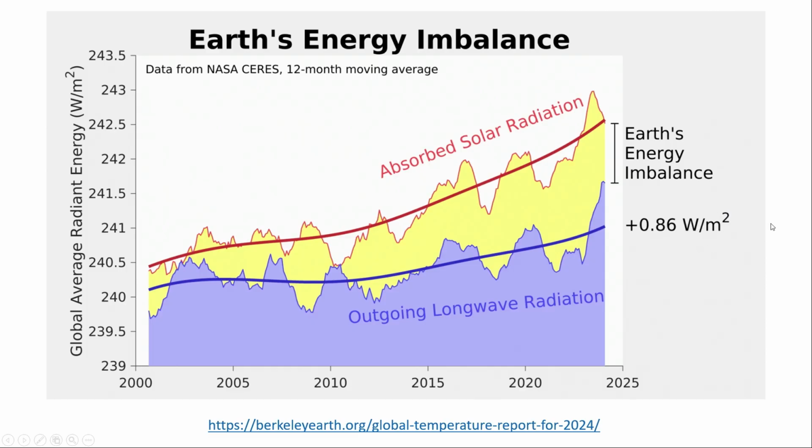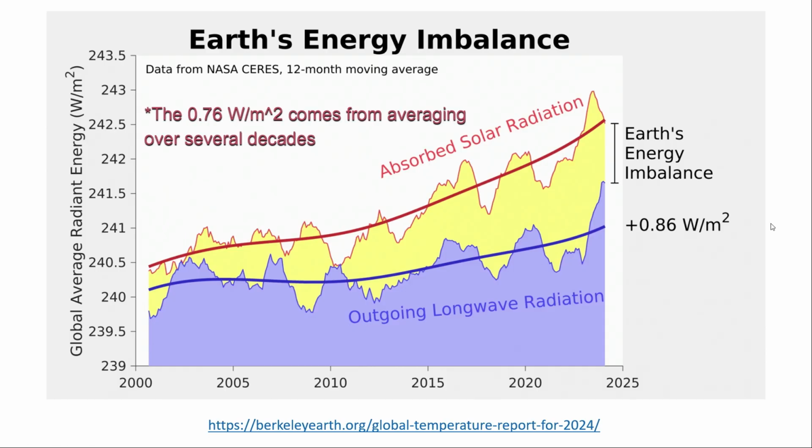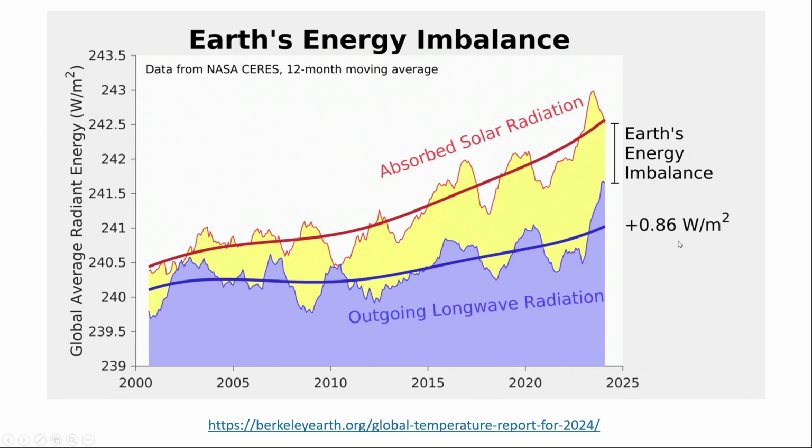I've seen other ones that have it at about 0.76, but they are all in this ballpark. So we do have this radiative forcing. We are actually getting more energy coming in than going out. And we can see that this separation has been increasing over time. And that's because we keep putting more carbon dioxide into the atmosphere than what's leaving the atmosphere. So this right here is our radiative forcing.